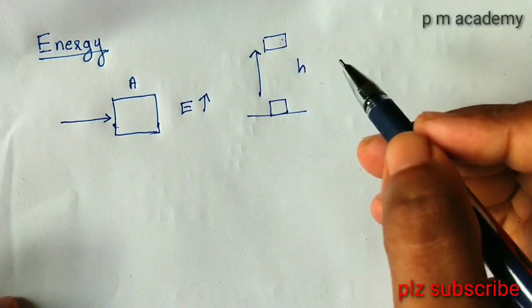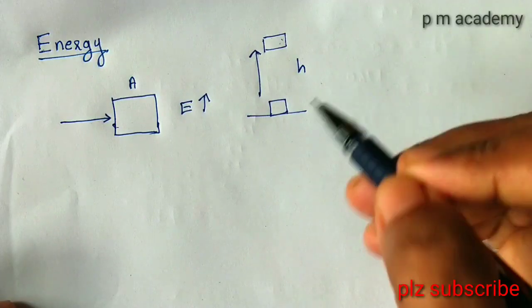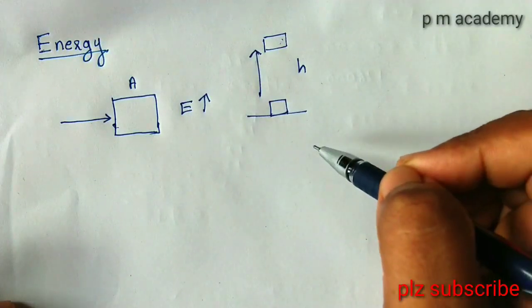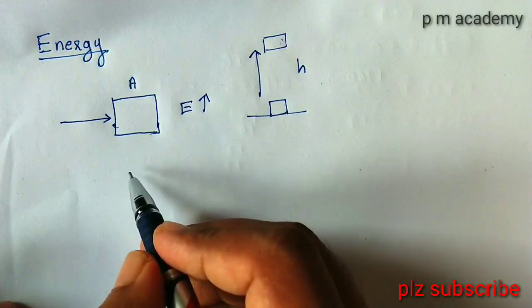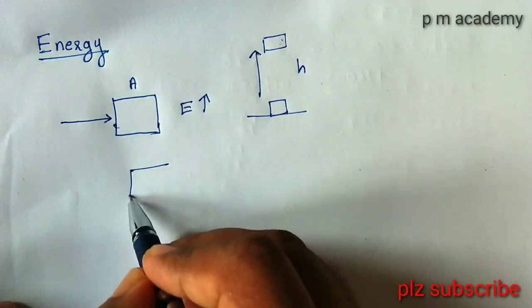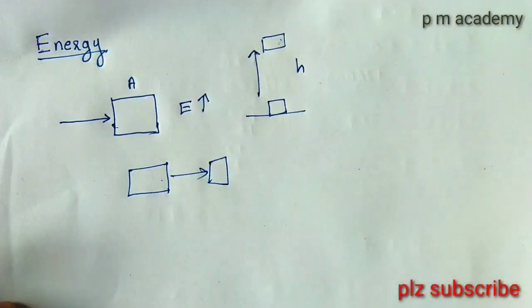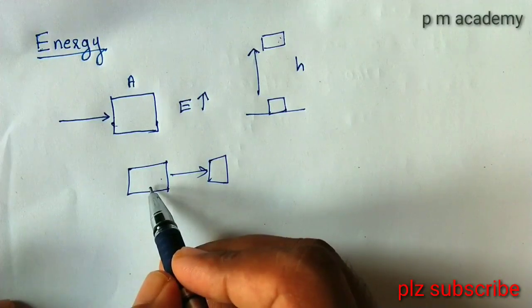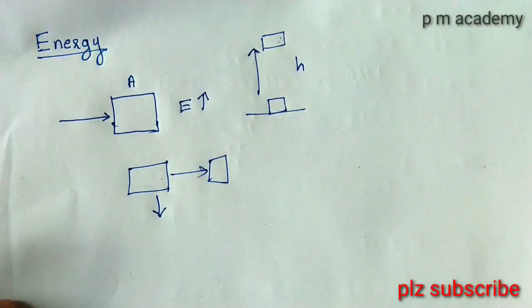Once more, energy is the ability to do work. If you are doing some work on an object, its energy will increase. If an object is doing work on another object, then the energy of the object that is doing work will decrease.